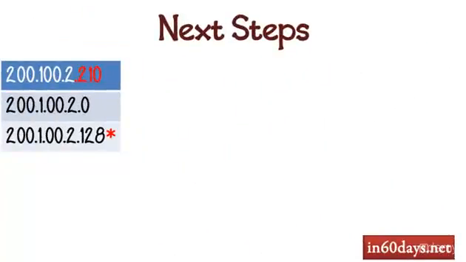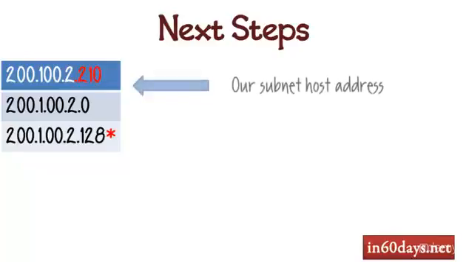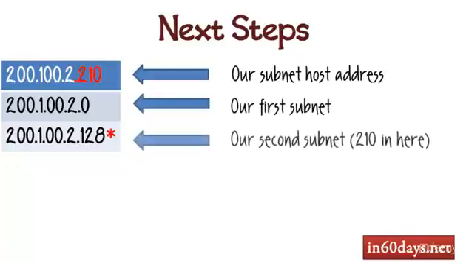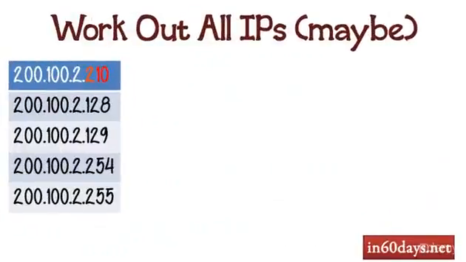So we'll work out our subnet values. We're allowed to use the 0 and we're allowed to use the 128. So we've got 2 subnets, one ending in 0, one ending in 128. Our host is 210 on the 200.100.2 subnet. So obviously it's going to be in the 128 subnet. So that's basically the answer to our question. But just for completeness, I'm going to go through the hosts on this subnet.